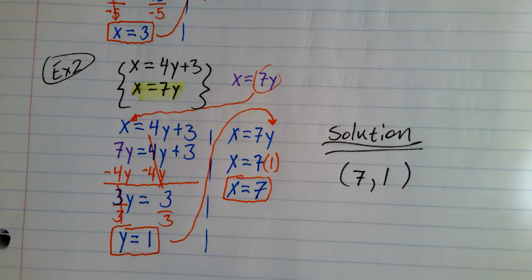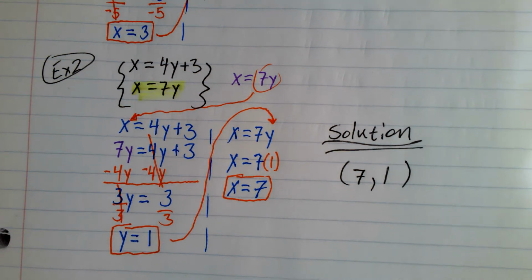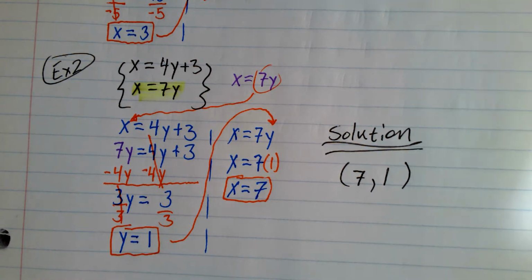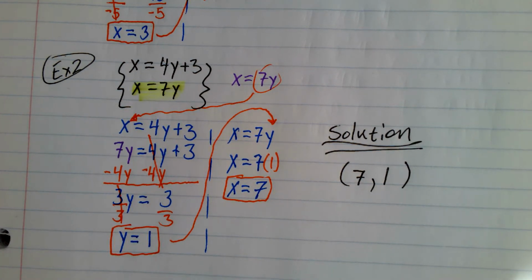Any questions? So this is the substitution method. Okay. So what I'd like to do is do a few more since we're on a roll here. So if you're ready, we'll move on.